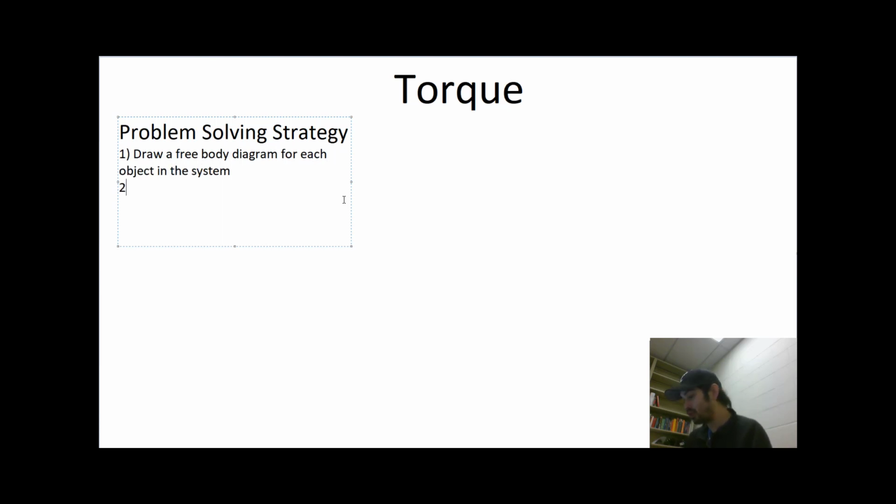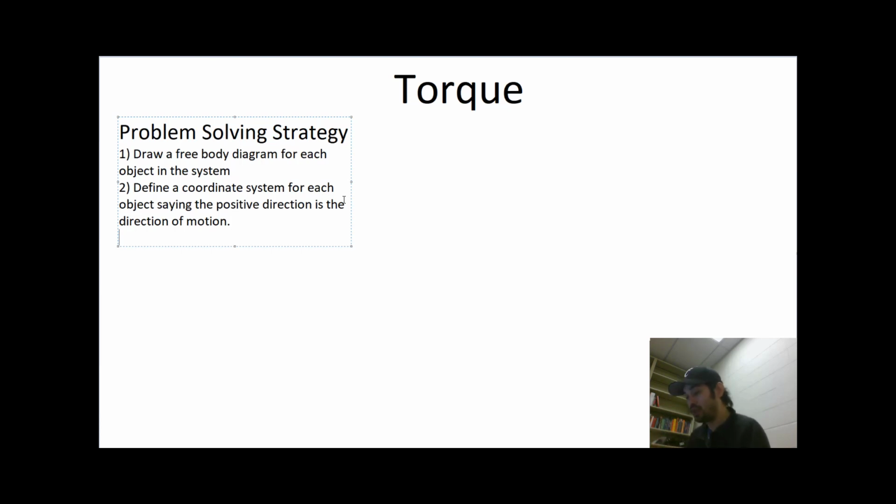Next, we want to define a coordinate system for each object, saying the positive direction is the direction of motion.